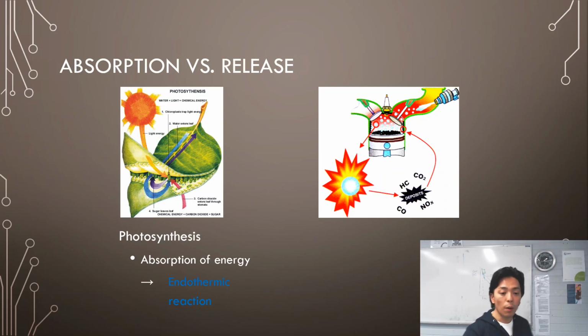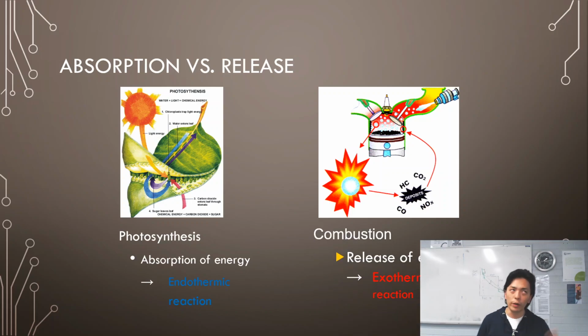I just mentioned combustion reaction, which releases a lot of energy, and we call that exothermic reaction because you start off with very energy-rich substance like petrol, fuel, gas. Yeah, they have got a lot of energy stored.